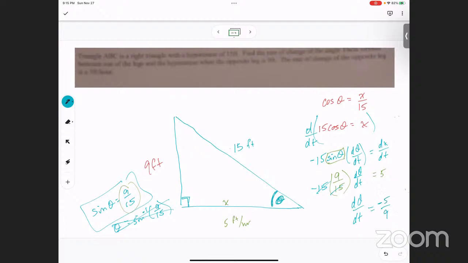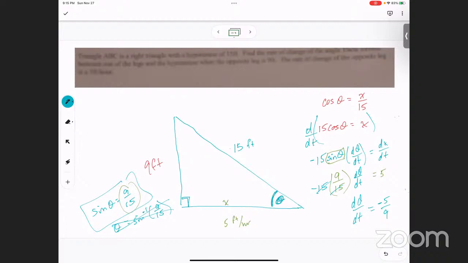And that would be, I don't know what the units would be for that actually, because an angle, the change in theta should be in like degrees per hour or something like that.